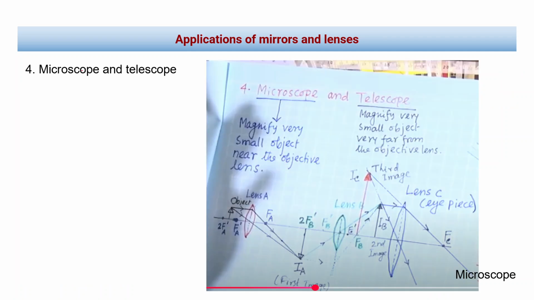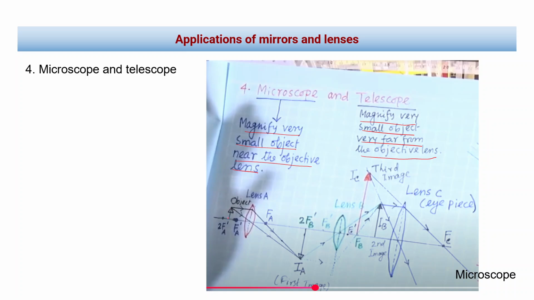Another use is what we see in the microscope and telescope in our labs. In a microscope we magnify very small objects which are near the objective lens, whereas in a telescope we magnify very small objects from a very far distance. For the microscope, this is a very simple diagram where we are using two convex lenses.